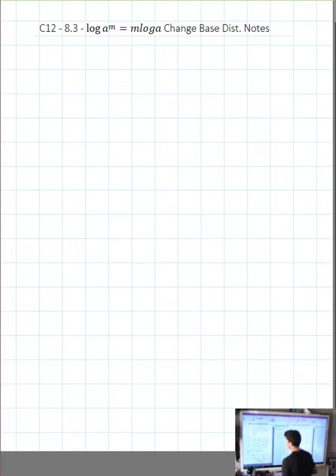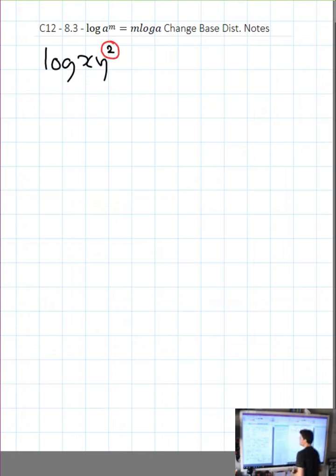Okay, let's take a look at an interesting question. Log xy squared. Now the question is, can we bring this 2 down in front?